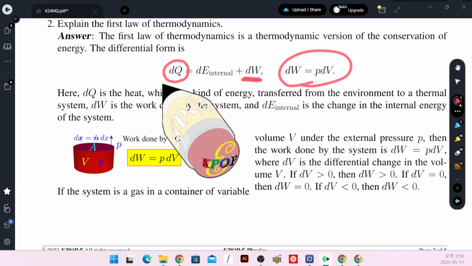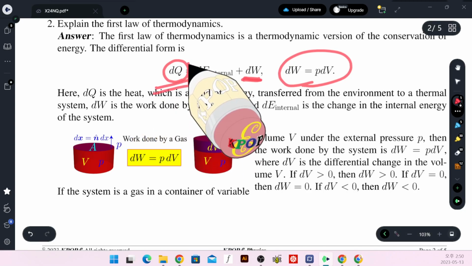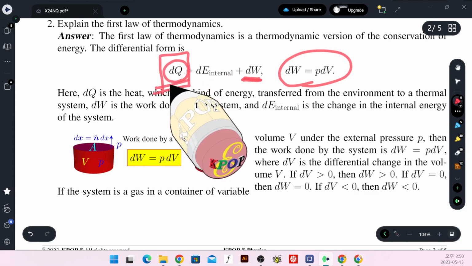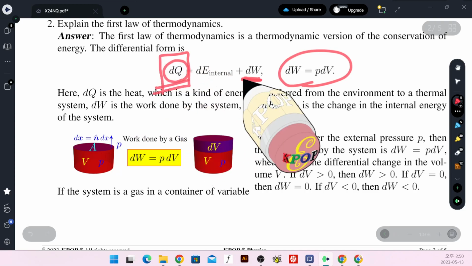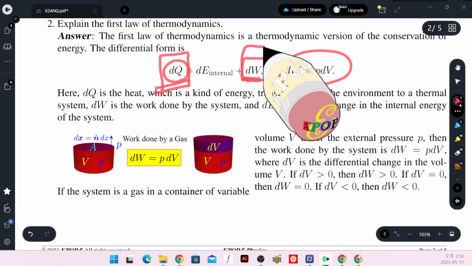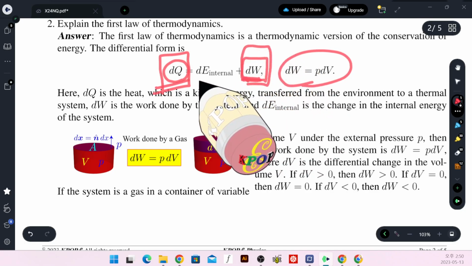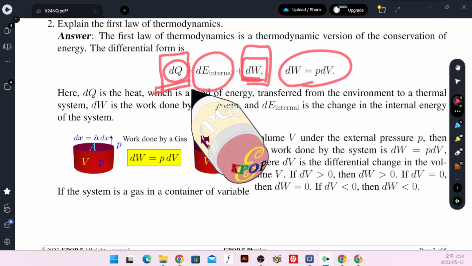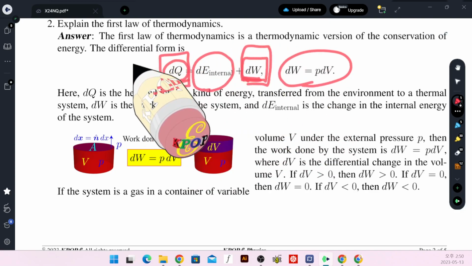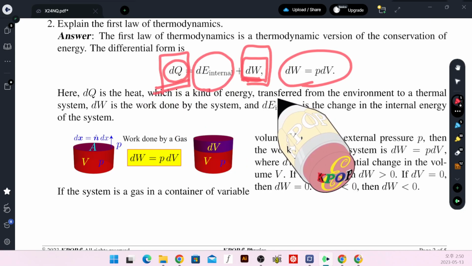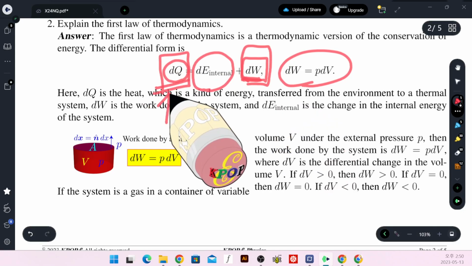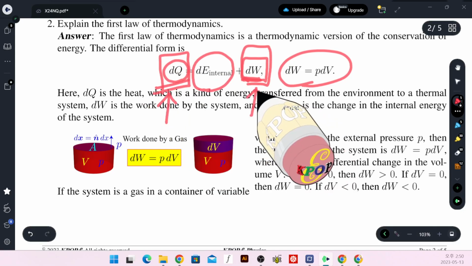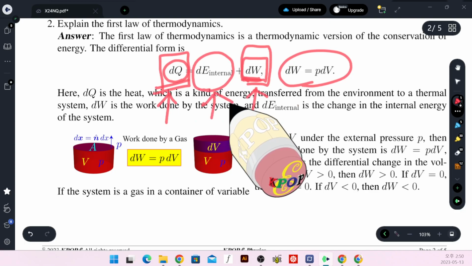Therefore, if you accepted some input energy and if you spend some, then you save the remainder. This is conservation of energy. Input, output, you're saving.